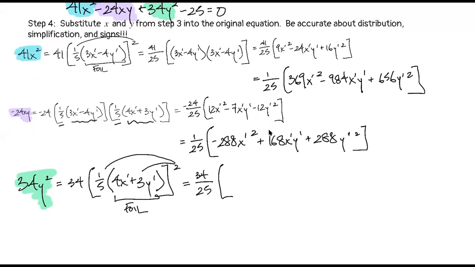And then when I FOIL out, I'm going to get 16x prime squared plus 24x prime y prime plus 9y prime squared. And that's going to be everything except for distributing that 34. And so just like all the other ones, I'm going to distribute this 34 to all three terms in here, but I'm going to leave the 1 over 25 out.